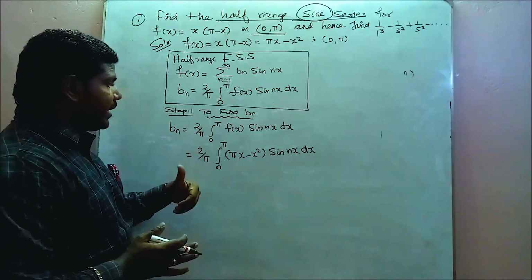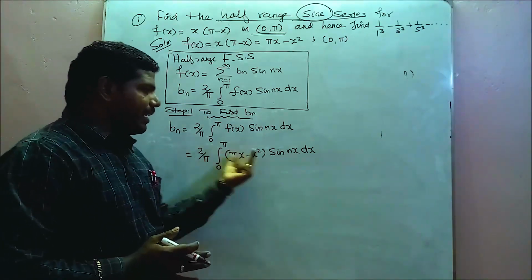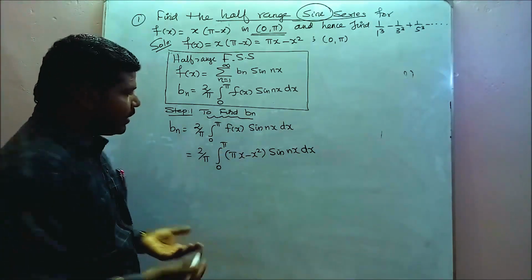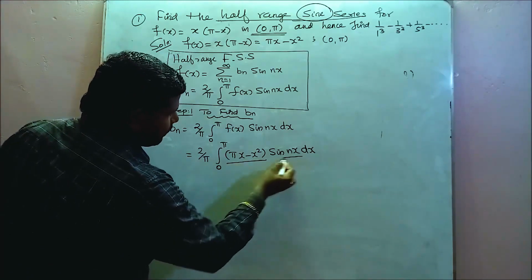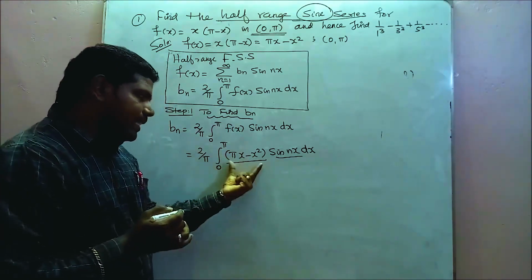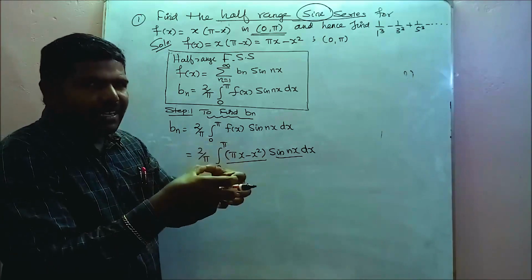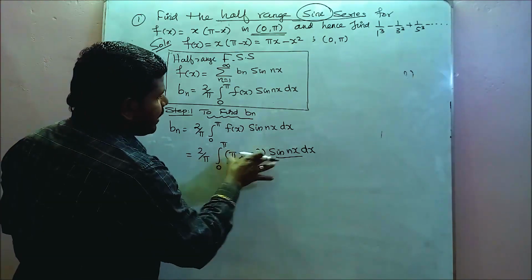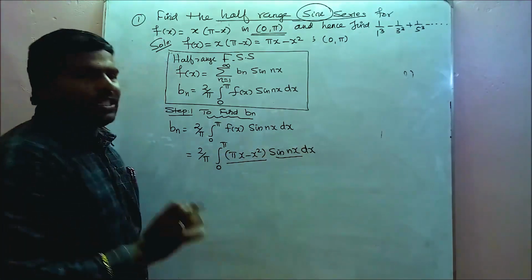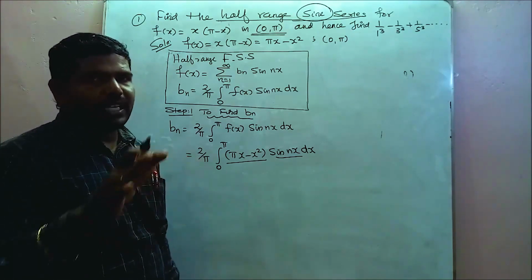So how to integrate? In this problem there is no direct formula to integrate this. So we have a product of two functions, in which one is a polynomial. There are two terms: one term is a polynomial and the other is trigonometric. So we can use Bernoulli's formula.